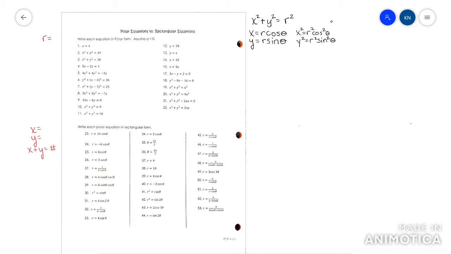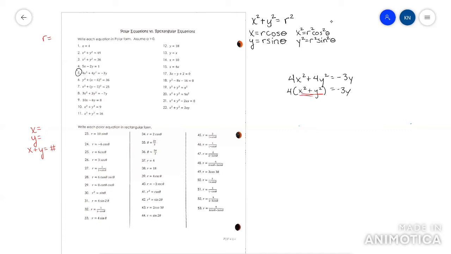Let's look at this next one, number 5. You got 4x squared plus 4y squared equals negative 3y. All right, there's a couple things you're going to have to do here. The first thing I would do is GCF a 4 out. And here's why. If I GCF a 4 out, now I can use a rule change on this x squared plus y squared.